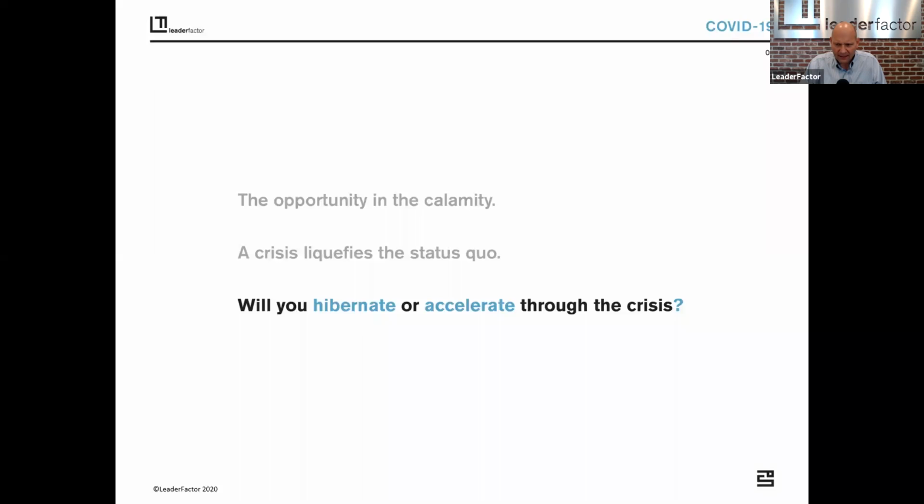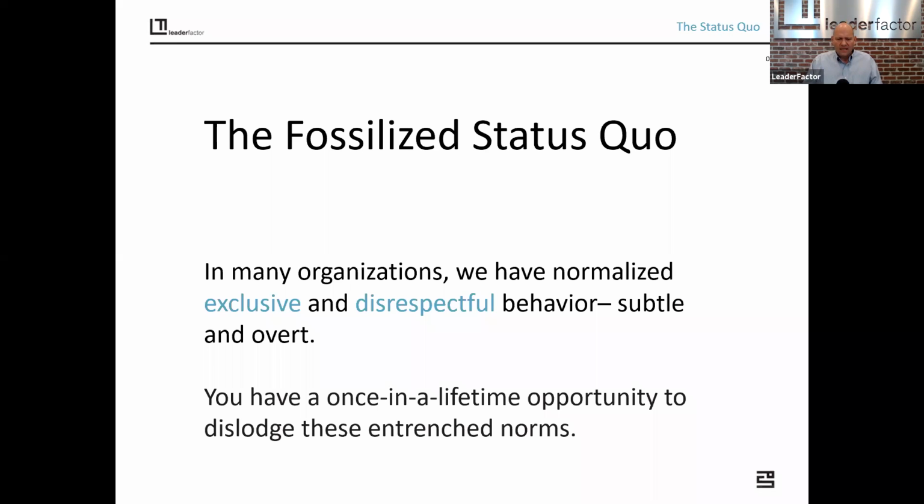So let me explain a little bit more. Organizations develop a status quo, the way we do things, our norms, and those norms become fossilized. This is the word that we use in the research literature. So the status quo becomes very hard. It becomes calcified. And when we attempt to change it, we normally make incremental changes, especially in cultural transformation, because culture is the single most difficult thing to change in an organization.